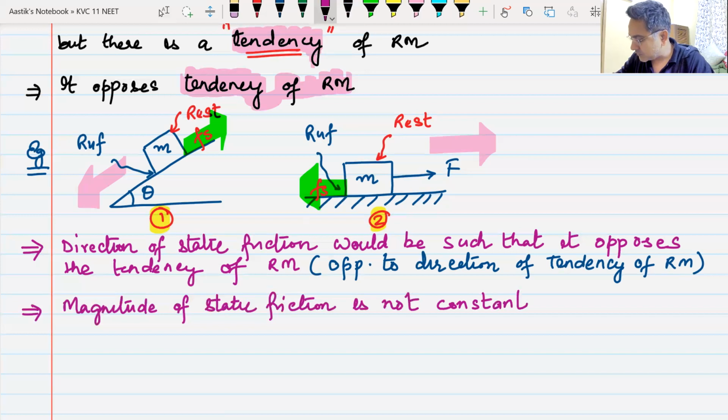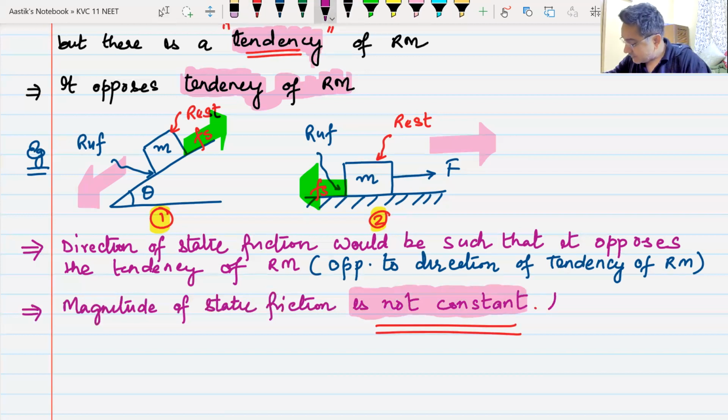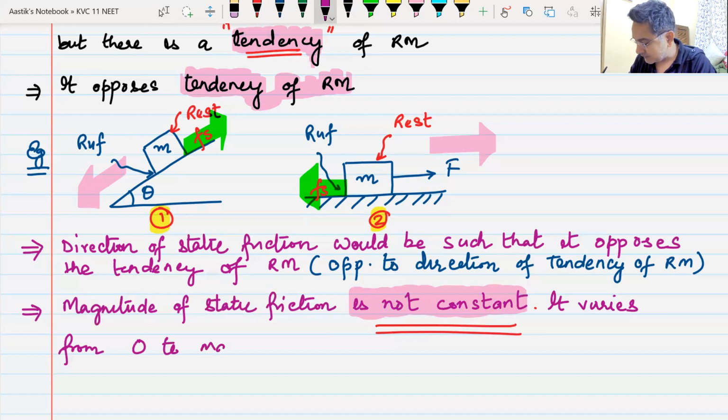It is a very important point. Remember it. The magnitude is not constant. It can vary from 0 to a maximum value.